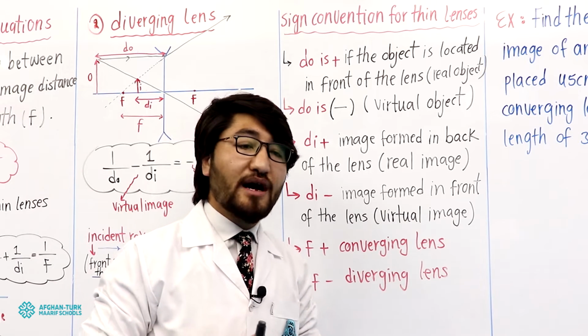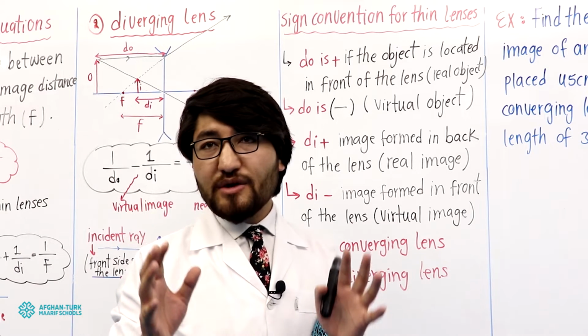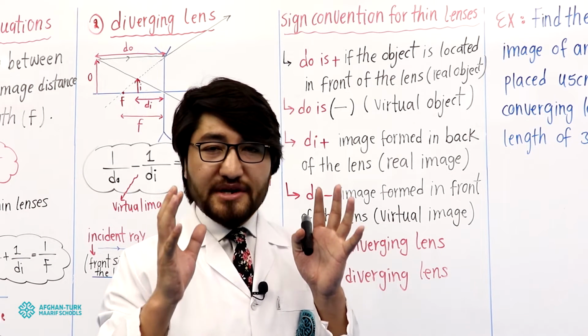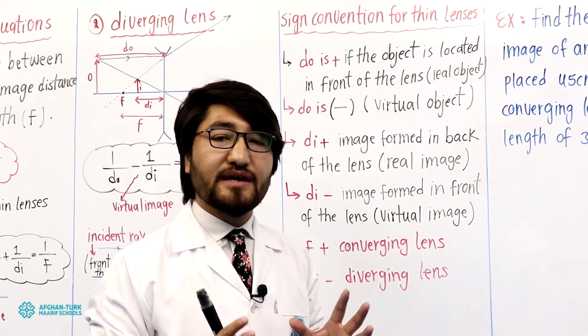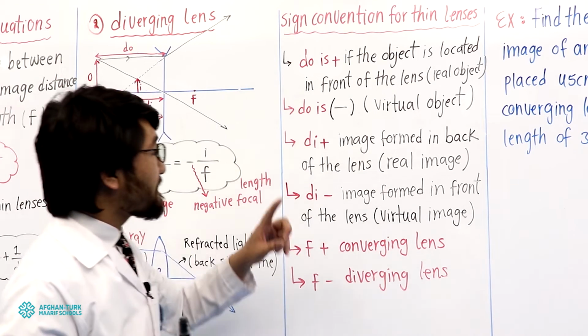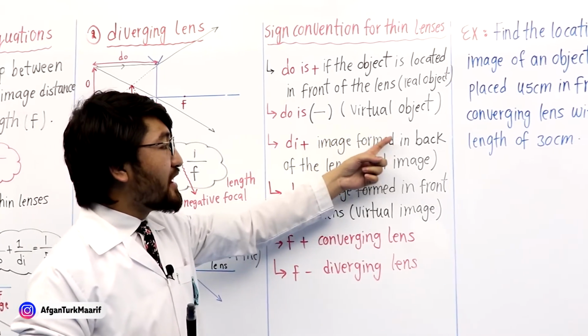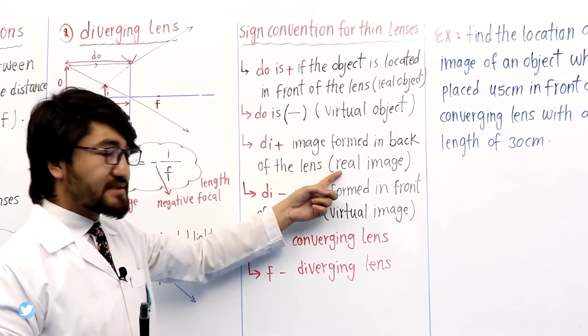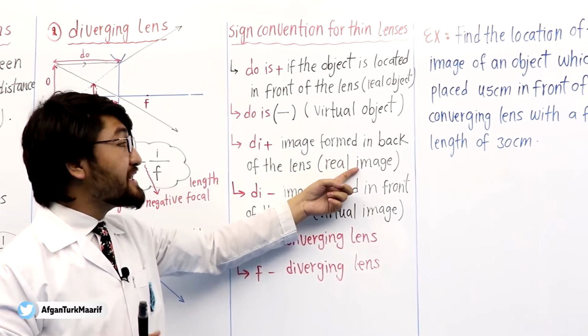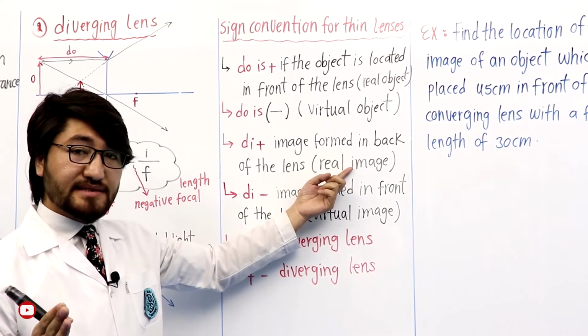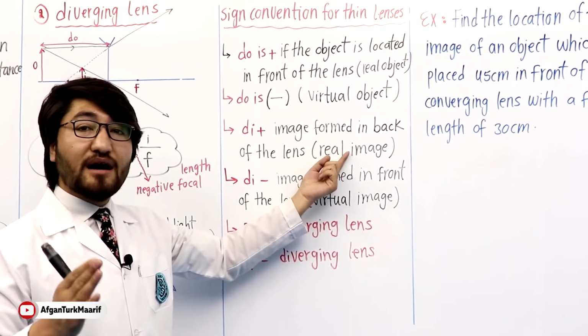When we have combination lenses, we can have a virtual object. di is positive if the image is far in back of the lens; it is real. If the image is far back of the lens, it means the image is real.